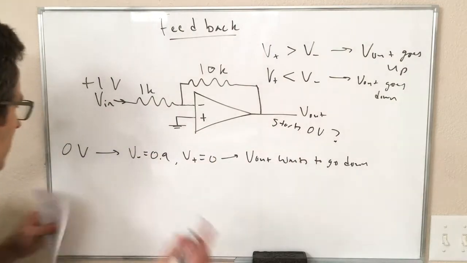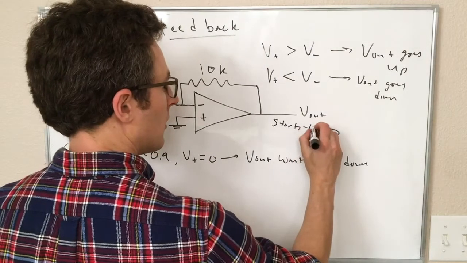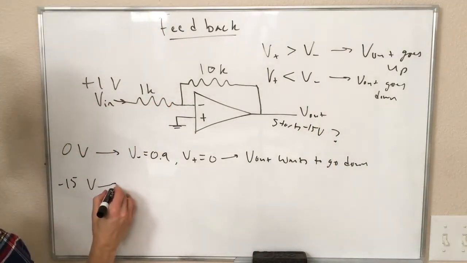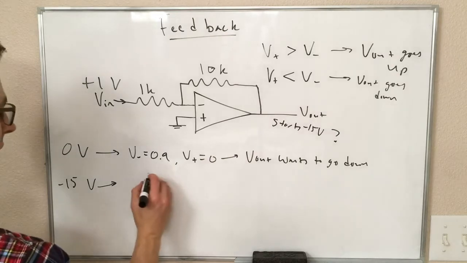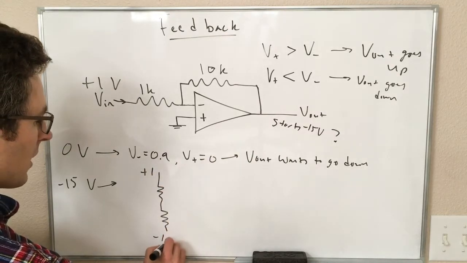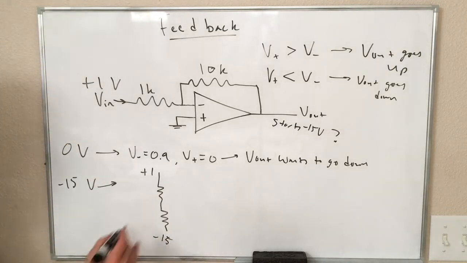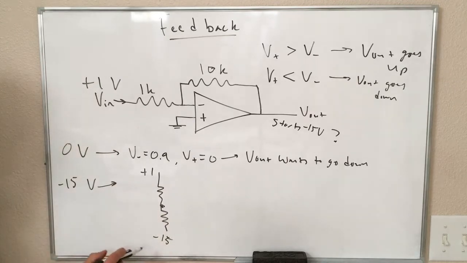Okay, so that's what happens if this starts at 0. What if this is at some different value, let's say minus 15 volts? So what happens if it starts at minus 15 volts? In that case, we can draw the same voltage divider. Plus 1, 1 kilo ohm, 10 kilo ohm, minus 15. We still don't have any current going in or out of here, so we can still use the voltage divider.